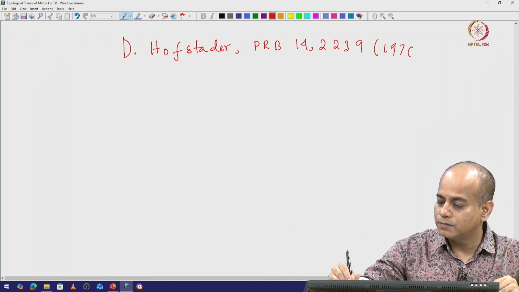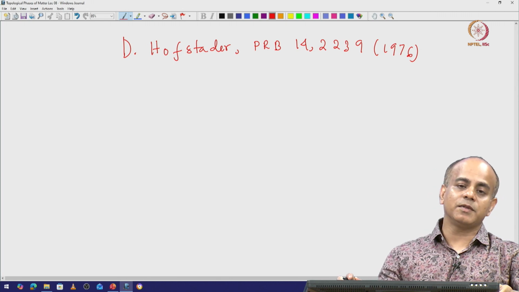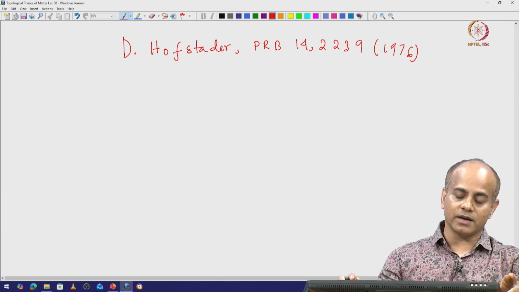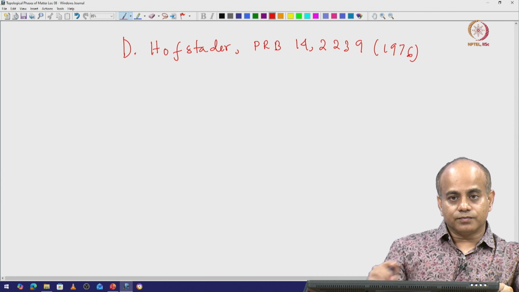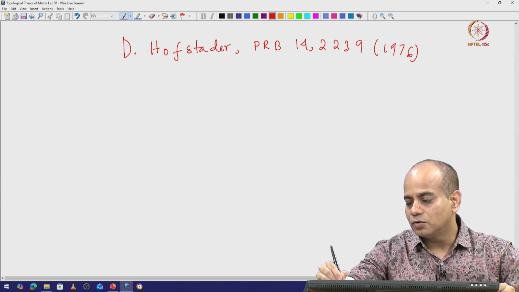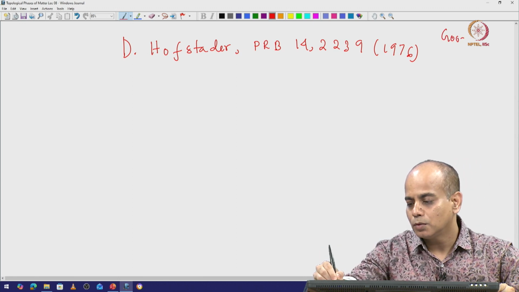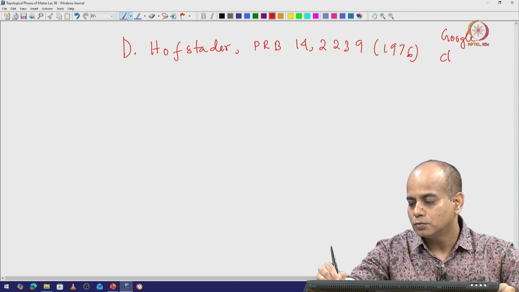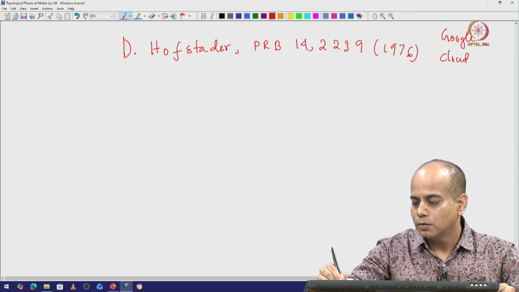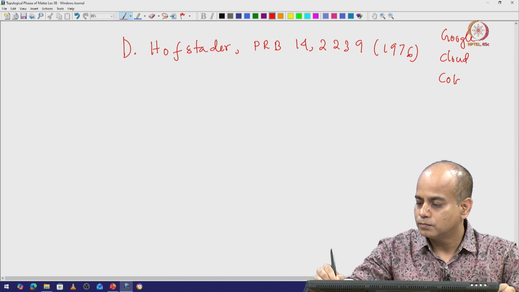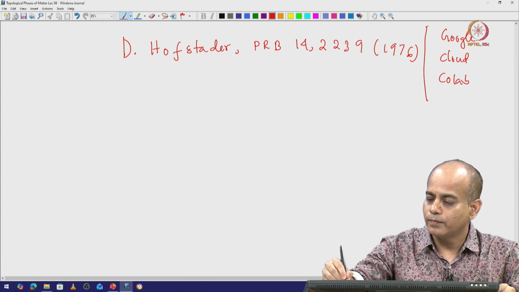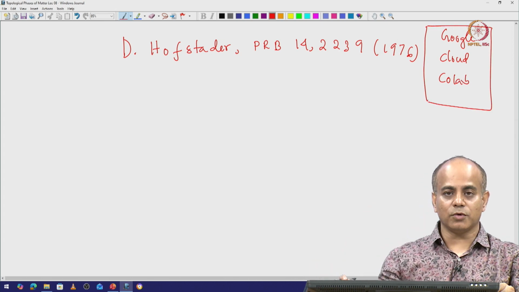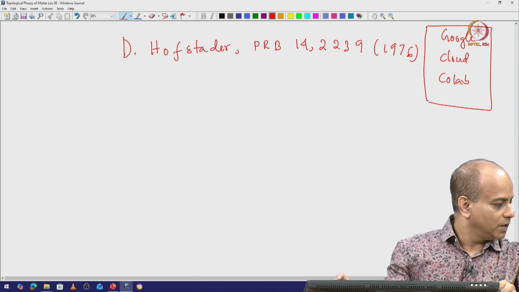Okay. And in case you do not have the facility to run a code, you can run it now on cloud, on Google Cloud. You can write small codes to run those things.